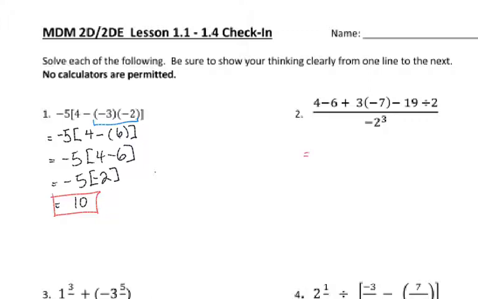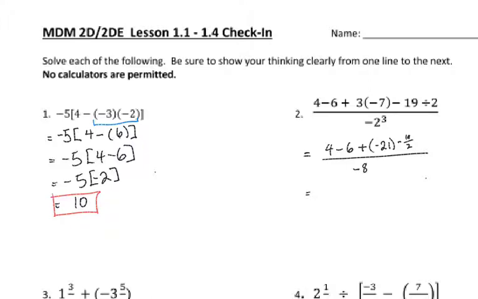So we've got 4 minus 6, and then we're going to plus the result of -3 times -7, which is -21, and we're going to write minus 19 over 2 for the division, and then we're going to compute the very bottom to be -8.